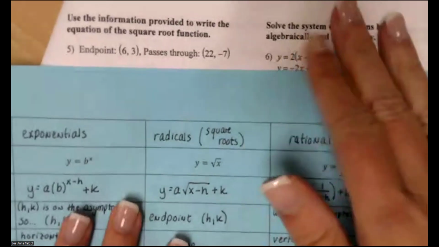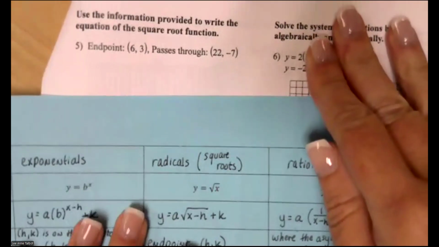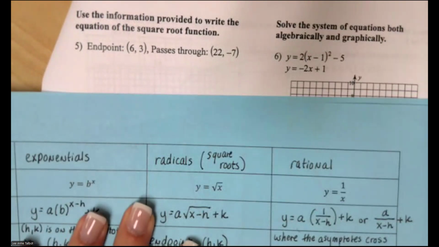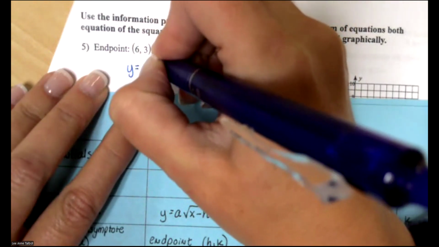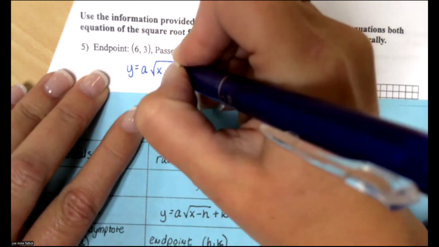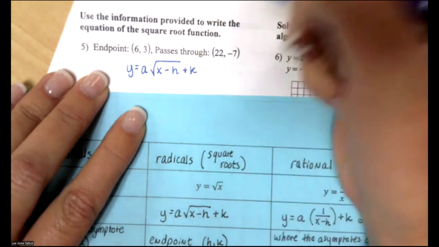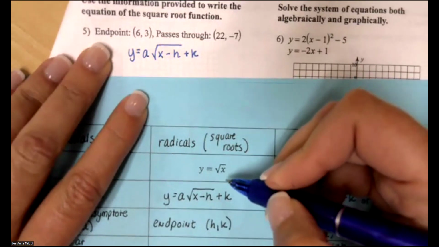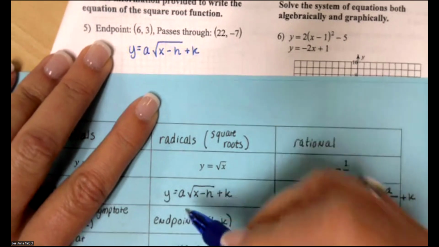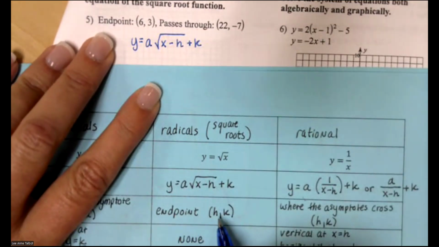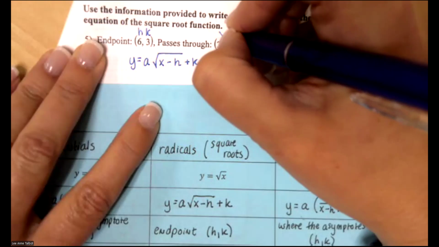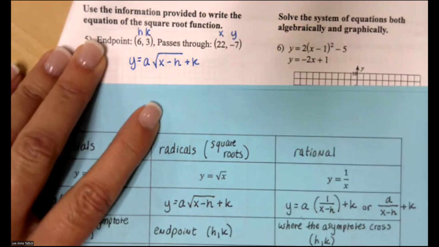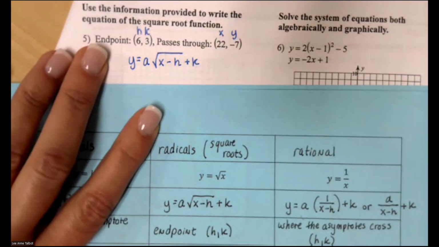Square root function looks like this. y equals a square root of x minus h plus k. And it's telling me that the endpoint is (h, k). And the other point that it passes through is an (x, y) coordinate.